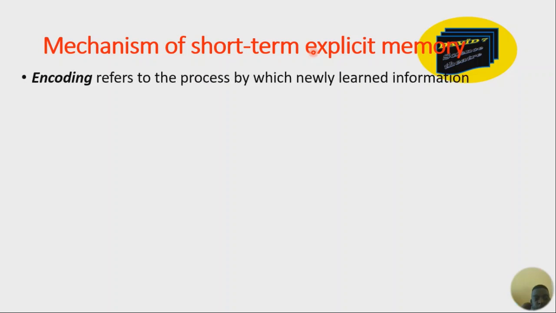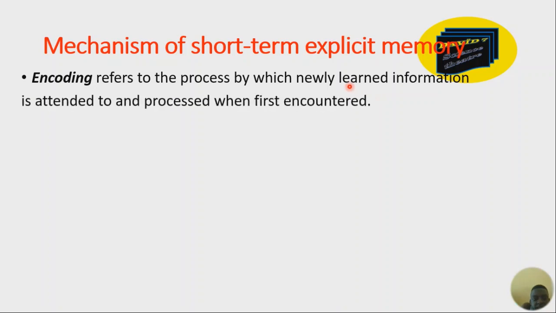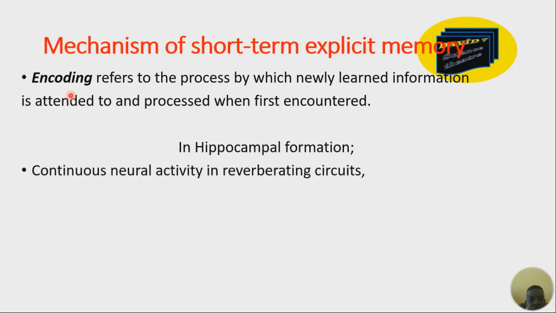The mechanism: let's talk about encoding. This refers to the process by which newly learned information is attended to and processed when first encountered. When you first encounter that information, how you attend to it is what we call encoding. It occurs in the hippocampal formation for short term. In the hippocampal formation, there is continuous neural activity in reverberating circuits.